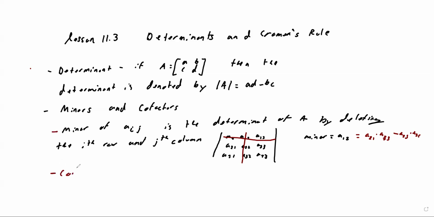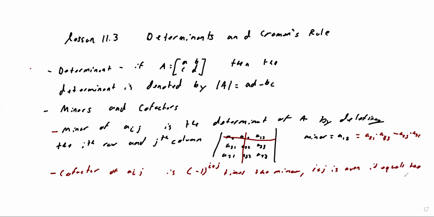To find a cofactor, there's one extra step. The cofactor of the element Aij is going to be -1 to the power of i plus j, times the minor. So whatever you end up getting for the minor, you then multiply it by this. Really what it comes to is, if i plus j is even, it equals the minor.